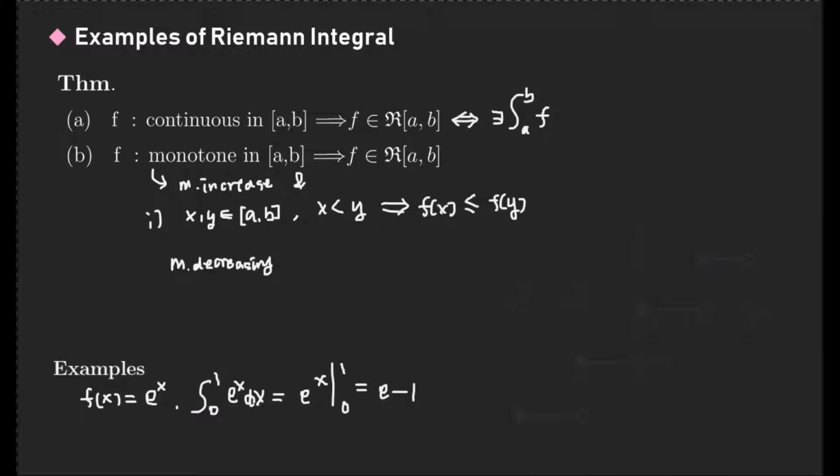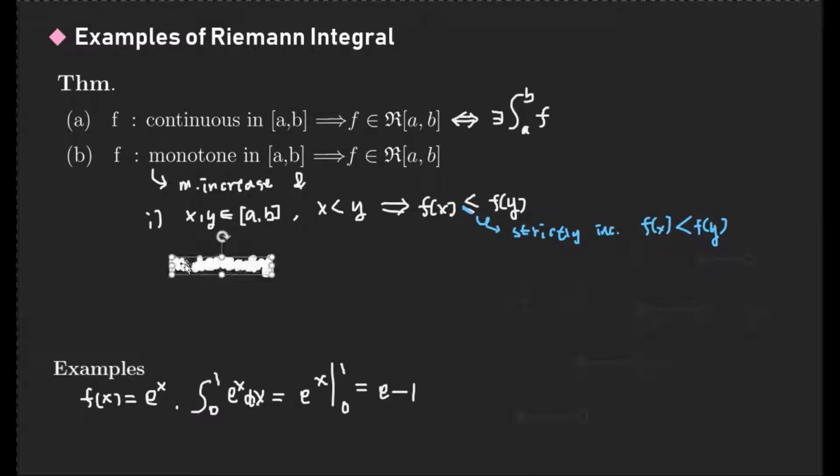The remarkable point is that the equality is included. If the equality is removed, we say strictly increasing, that is, f(x) is strictly smaller than f(y).